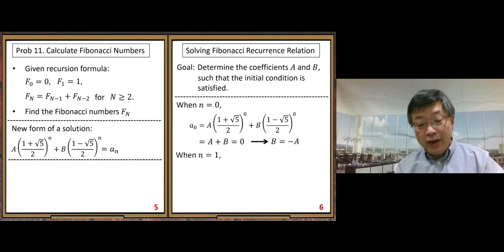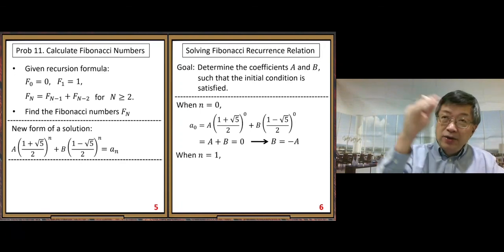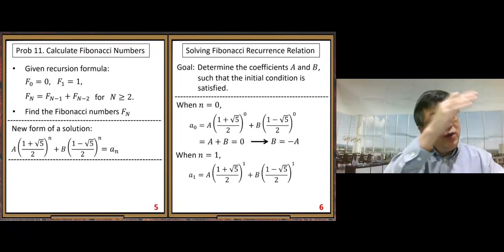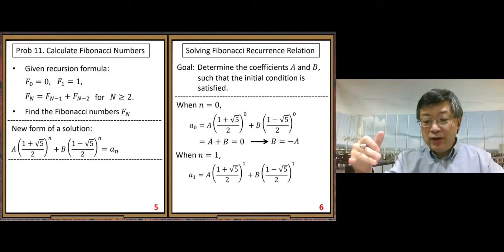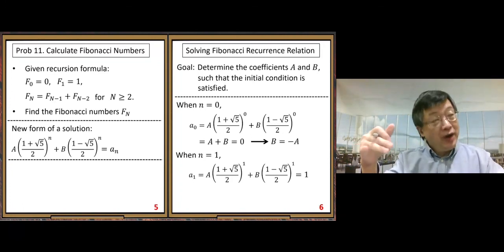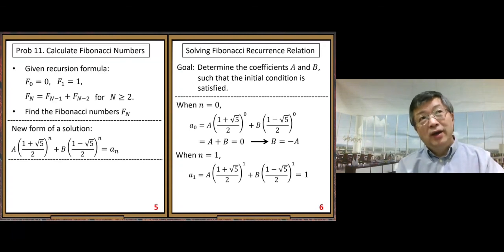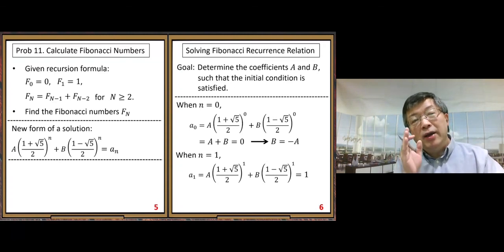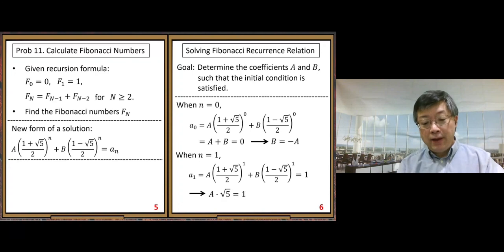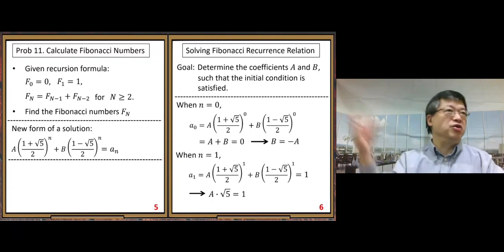Simple, easy. Then we plug in n equals 1, so we get A1, and we know A1 equals 1. We replace B by negative A, and after simplification, A times root 5 equals 1.